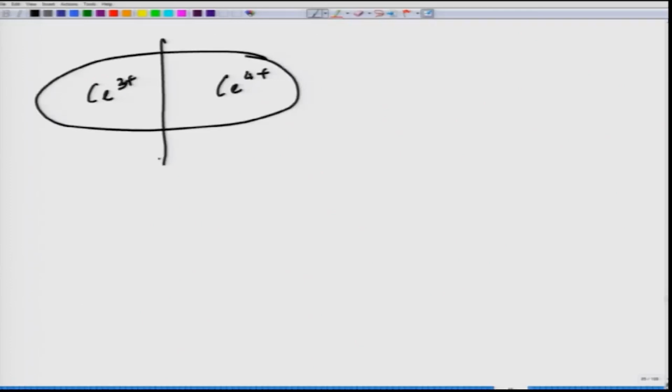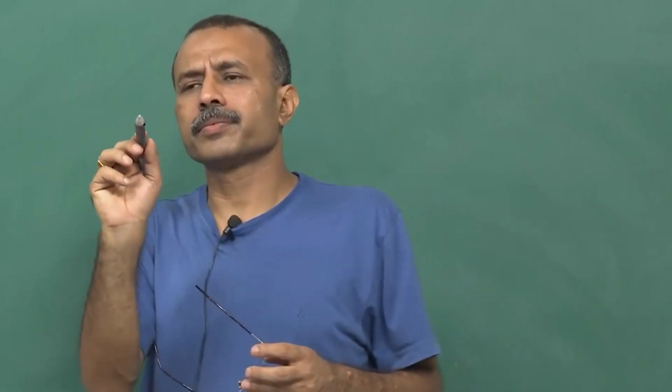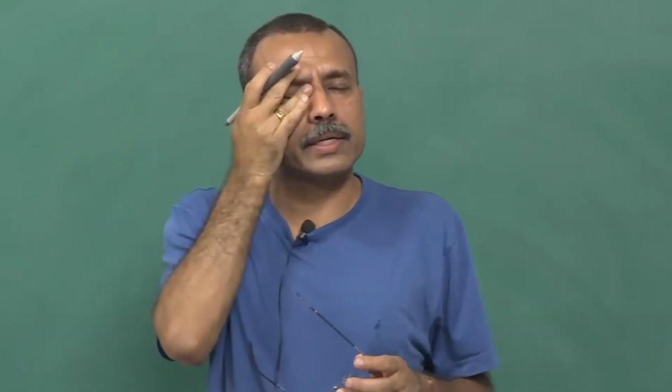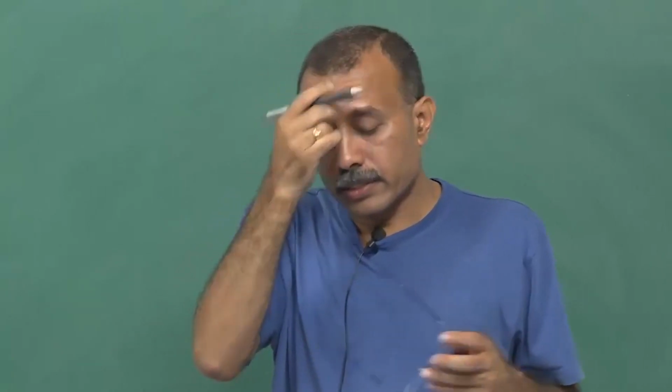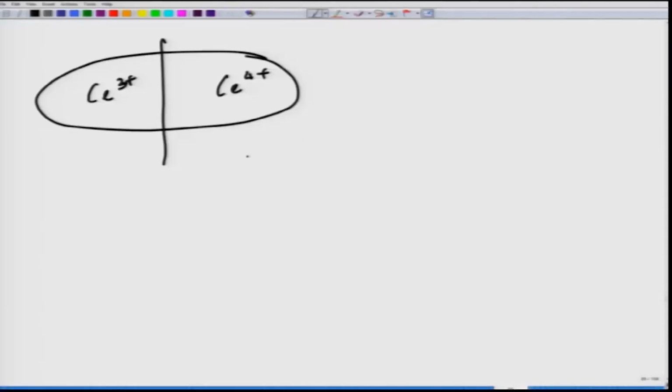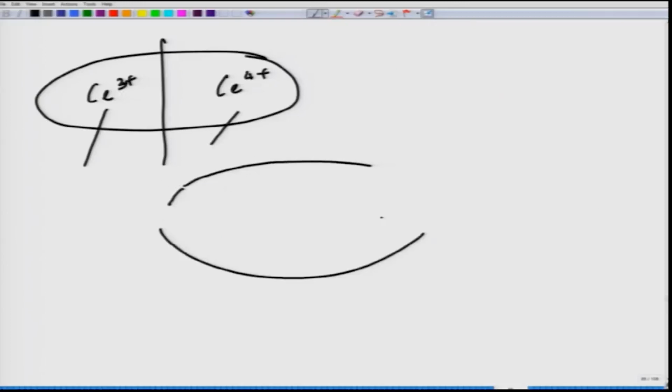Those of you who do not know cerium, if you look at the lanthanide series, the second atom in the lanthanide series is cerium, and cerium in its nano state remains in two different oxidation states, Ce3+ and Ce4+, and it can autocatalytically shift from Ce3+ to Ce4+. There is an autocatalytic shifting which happens in the nano state.